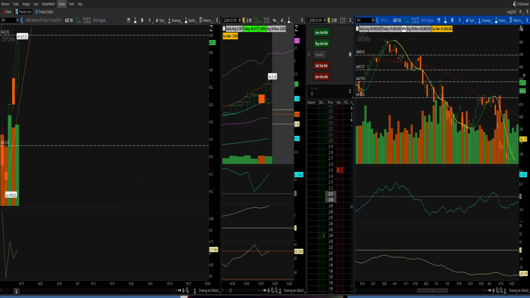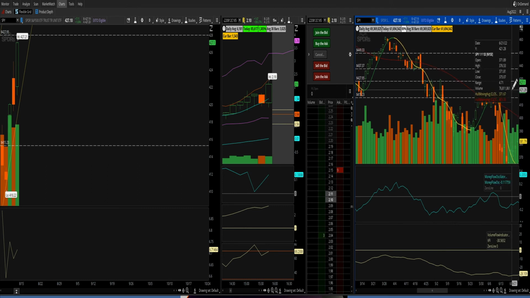So let's open that up because we can see clearly support and resistance right here. Support broke through, right? Broke out, hit resistance, broke out, and then came right back down. Support, resistance right here.